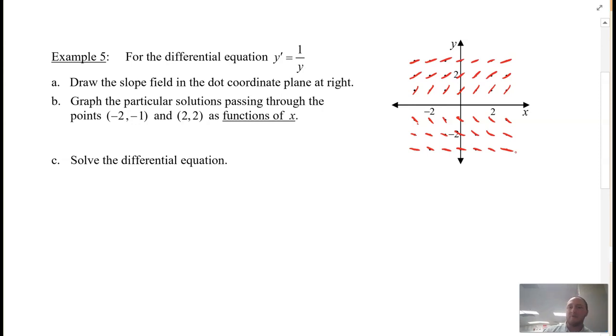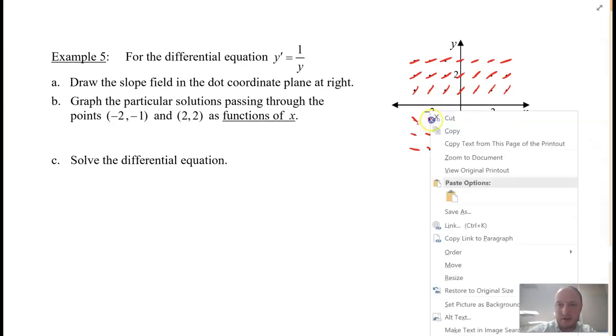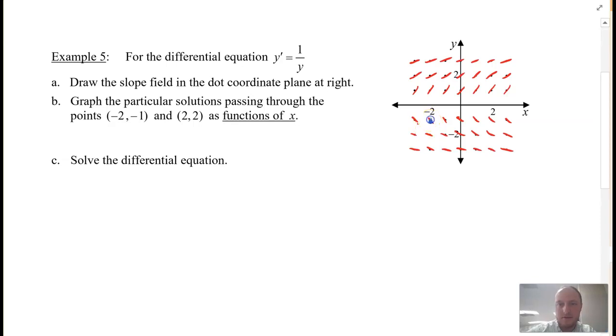Part B, it says graph the particular solutions passing through the points -2, -1, so that's this point here, and 2, 2. I'm going to go ahead and be parallel to the slope field.